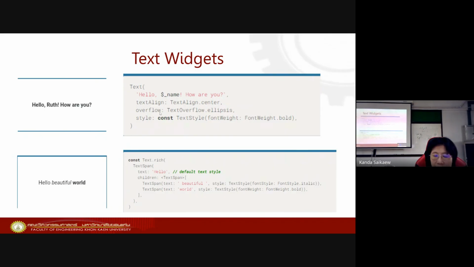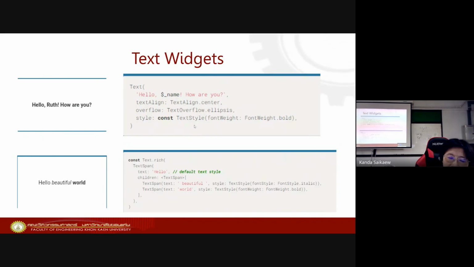And the overflow property will explain what the Flutter framework should do if the text is very long but we need to display it in a limited space. So maybe we can specify that we're going to use ellipsis, which is three dots, to show that the text is longer than what we can display on the screen.